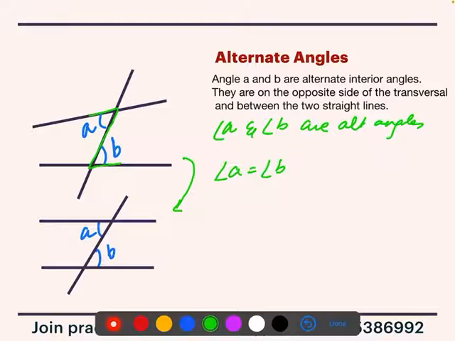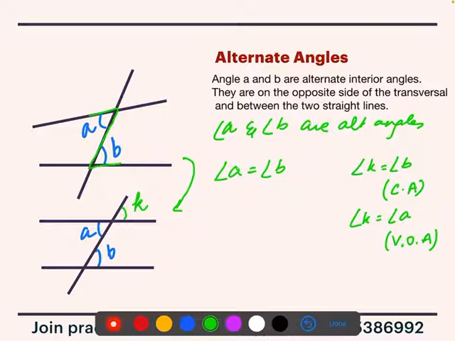Why so? We just studied that angle K is equal to angle B because they are corresponding angles. And we also know that K is equal to angle A because of vertically opposite angles, right?